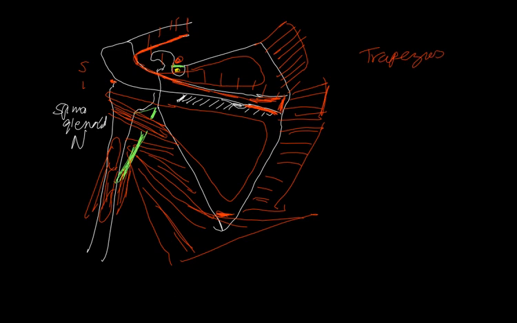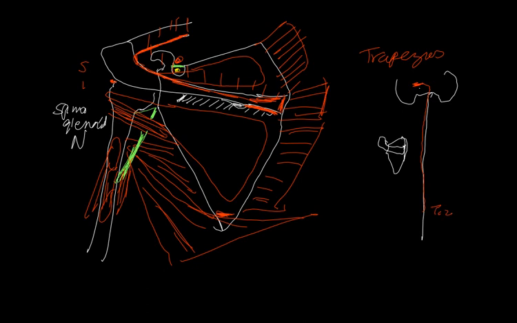So if we have a very small picture of the trapezius, here is the skull, here is the spine, here is your scapula, here is the spine of scapula, then the trapezius arises from the middle part of the superior nuchal line, from ligamentum nuchae of the neck, and goes right up to T12 spinous process.